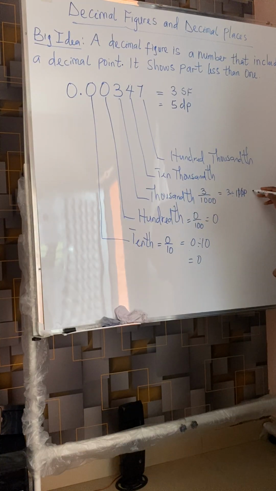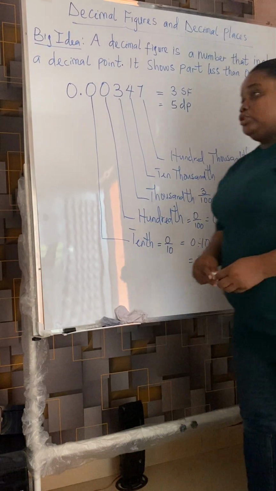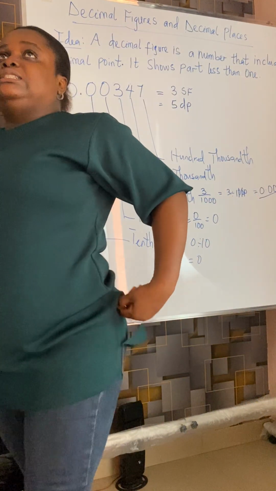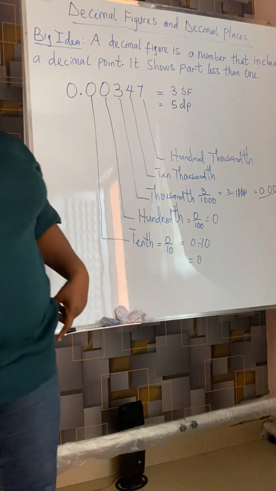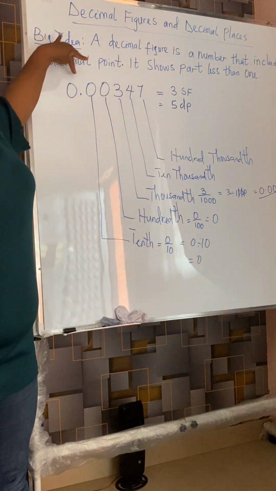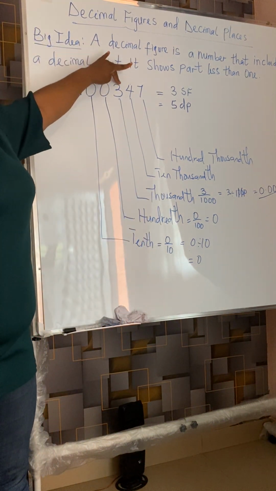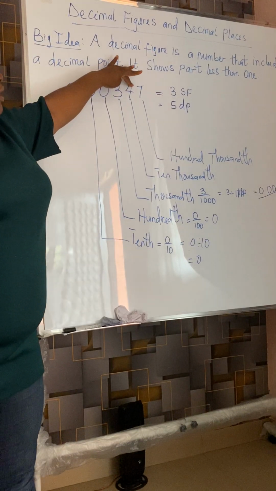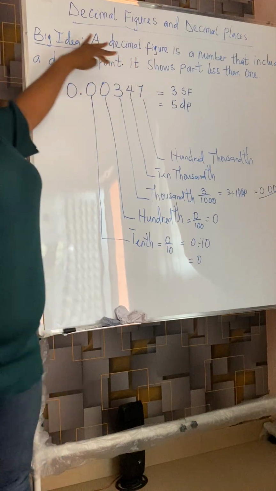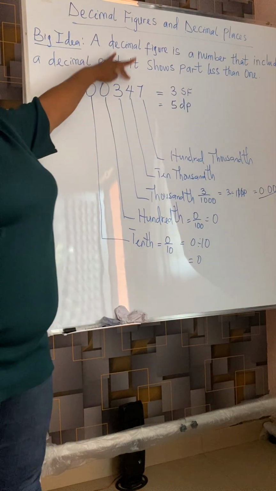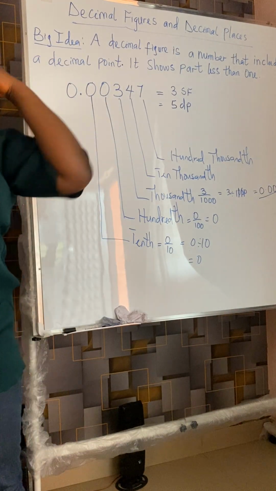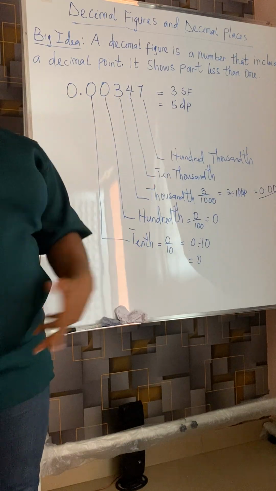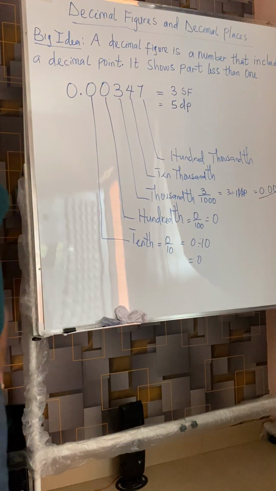So that what we have here is 0.003. So 3/1000 is the same thing as 0.003. Then for this one, we will have 0.004. And for the last one, the hundred-thousandths, it will be 0.00007. So we are asked to give the value of the individual digits in this set.